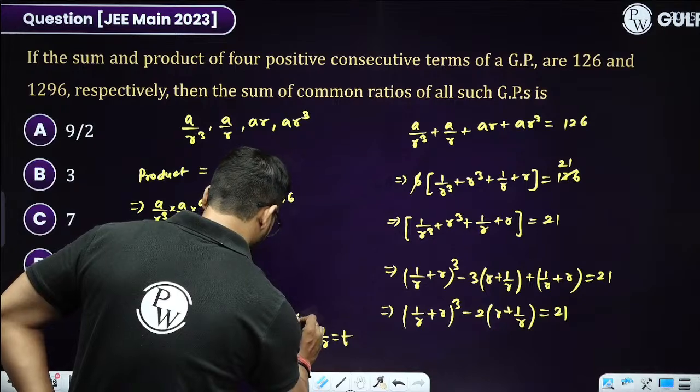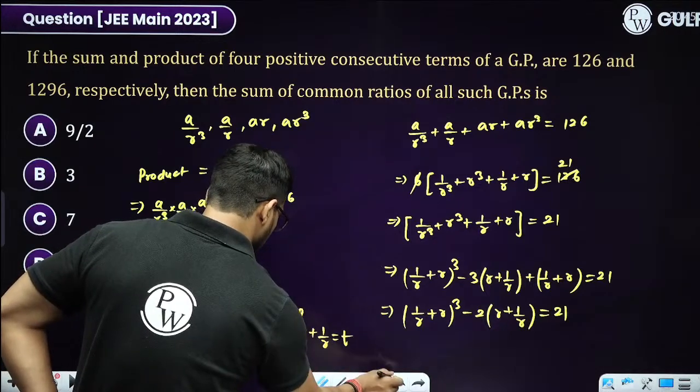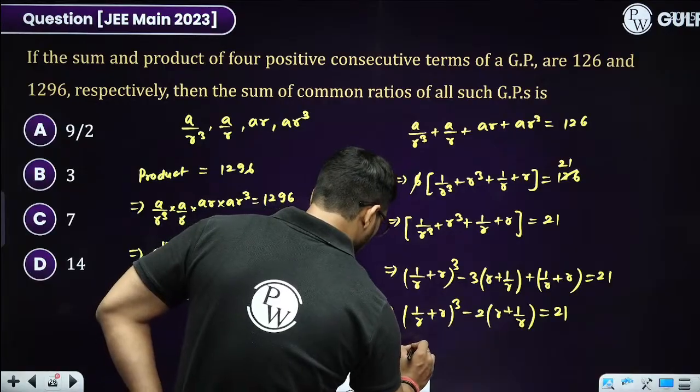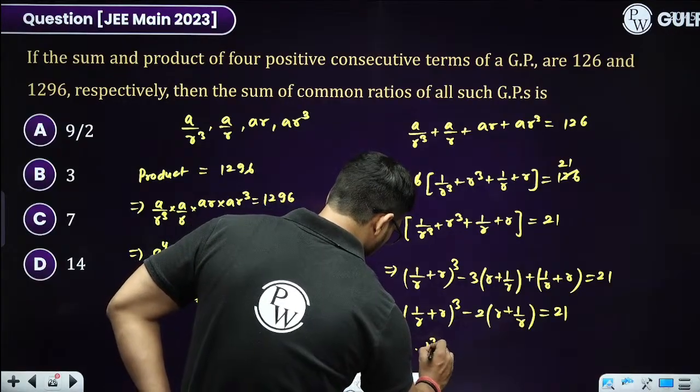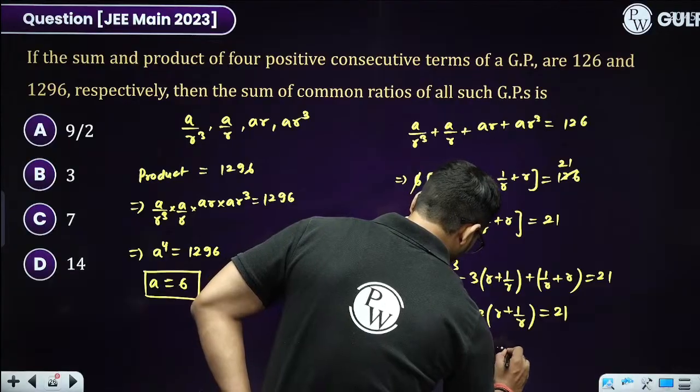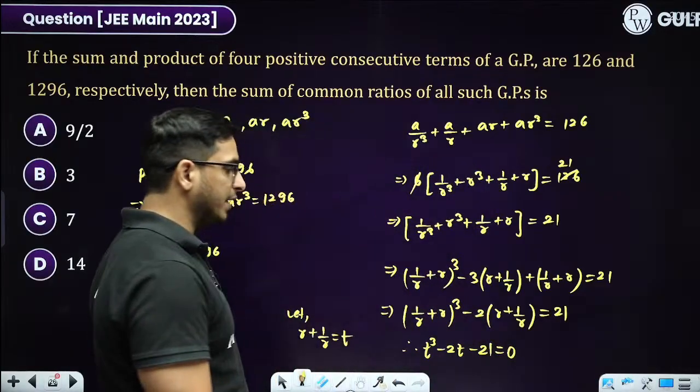Let R plus 1 by R be T. So what do we have? T cube minus 3T plus T, that is T cube minus 2T, minus 21 equals 0.